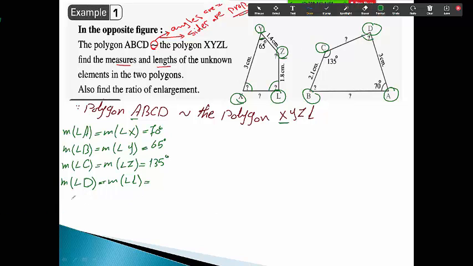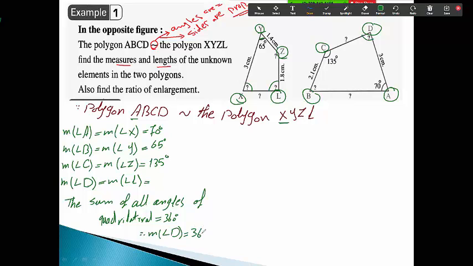We know that this polygon is a quadrilateral. What's the meaning of quadrilateral? It has four sides. So in this case, the sum of all angles of the quadrilateral equals 360 degrees. Therefore, we can get the measure of angle D or angle L. Measure of angle D equals 360 degrees minus 70 degrees minus 65 degrees minus 135 degrees, which is 90 degrees.